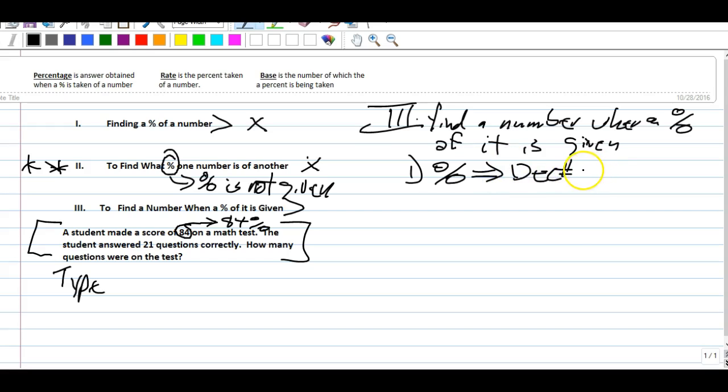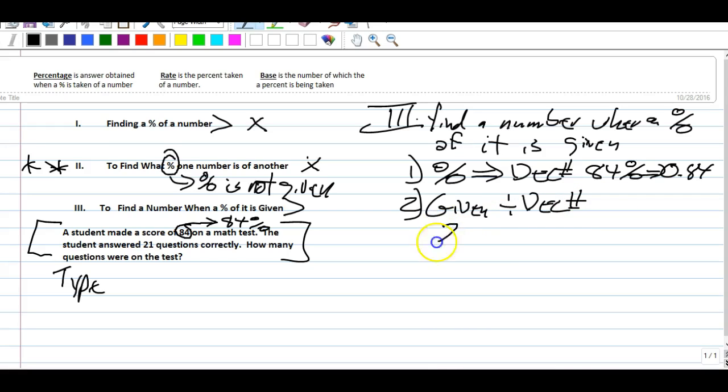Percent is the same as rate. So my percent is 84%, and as a decimal number, that's 0.84. The second thing I'm going to do is take my given number and divide it by my decimal number. So my given number is 21, and I'm going to divide that by 0.84.